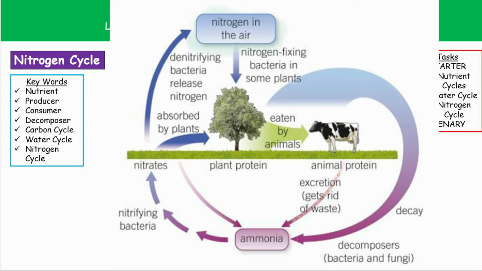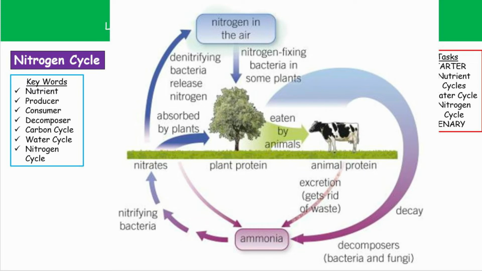So what they're doing is they carry out the process of decay. They will break down those chemicals in the waste made through excretion, and also any dead animals and plants. They're going to convert those proteins into ammonia.